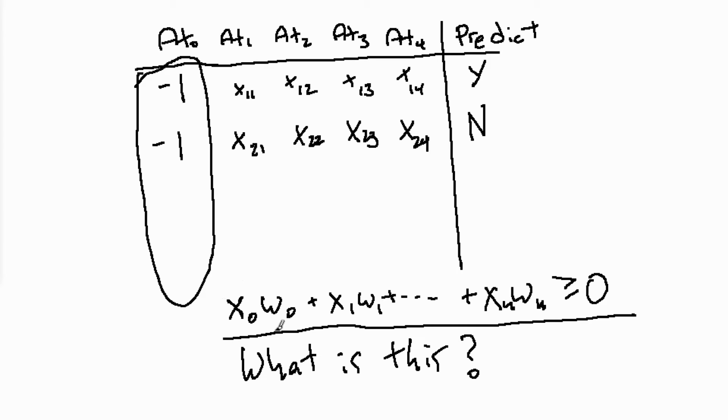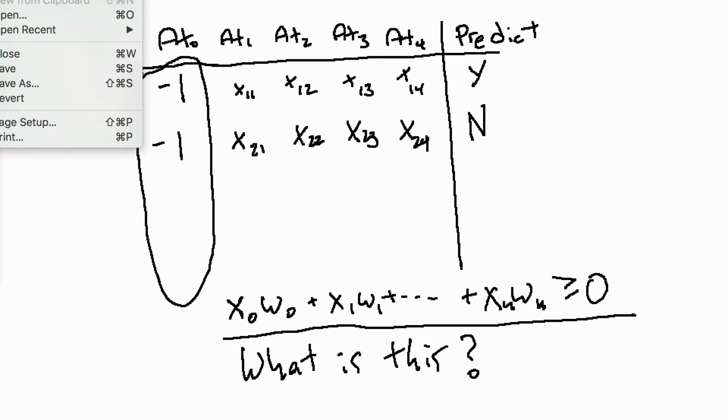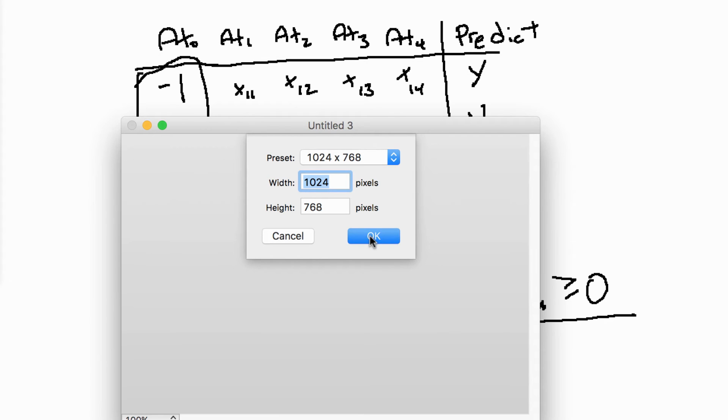And you might have trouble thinking about it with so many variables. So what I want to do is consider something simple. Suppose I just had something like this. Suppose I were to say to you x0 w0 plus x1 w1 is greater than or equal to 0.